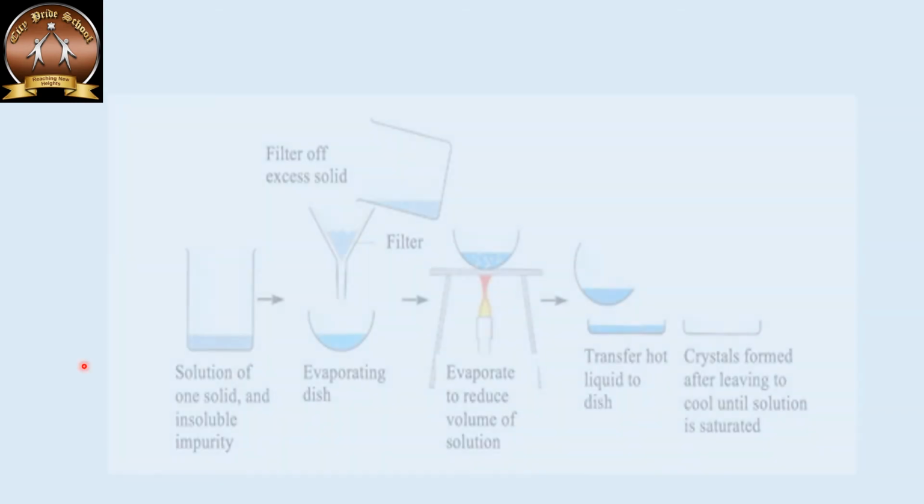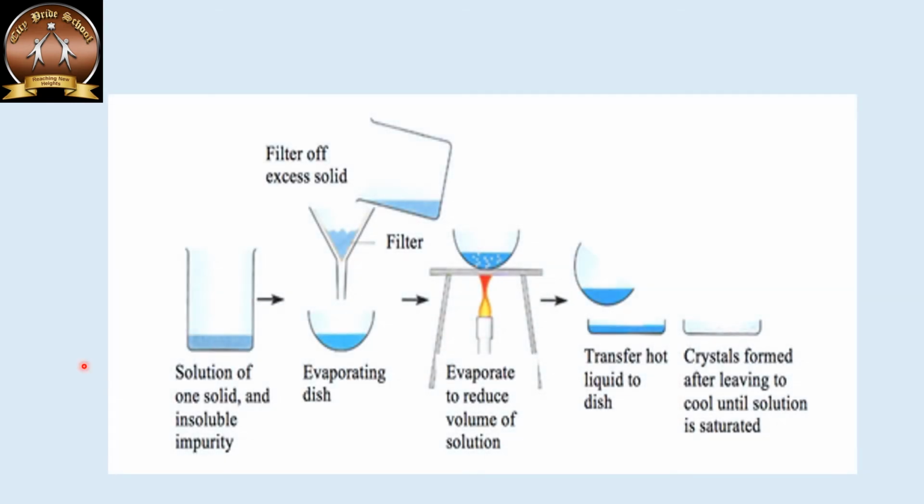So now we are going to see the diagrammatic representation to understand the concept of crystallization. This is the diagram that will be giving us a clear idea of what is going on under the crystallization technique. This is the beaker where we take a suitable solvent in which we desire to dissolve our impure sample.